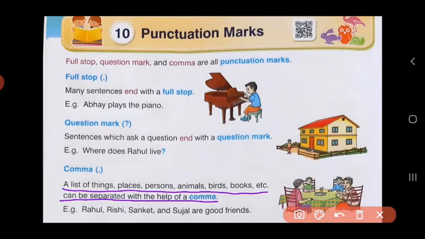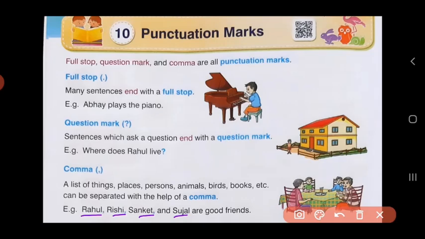Let's see an example. Rahul, Rishi, Sanket and Sujal are good friends. So here children, we have 4 different names. Rahul, Rishi, Sanket and Sujal. So whenever there are many words together, we have to use a comma between them.